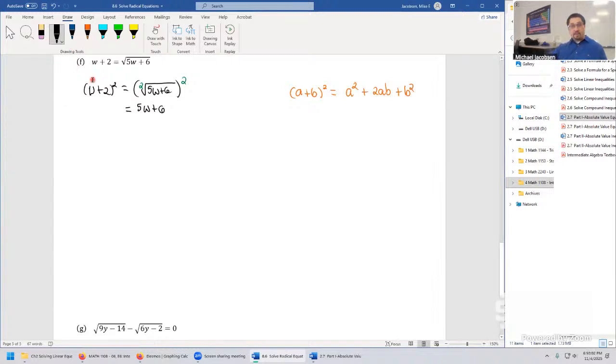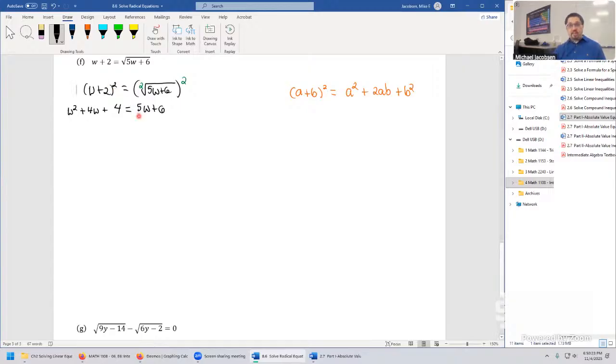So a fast way to FOIL this out is take w times w for w squared. We'll take w times 2 for 2w, but you get 2 copies of that, so double it. So plus 4w plus 2 times 2 for a 4. So this is the equation we would solve.